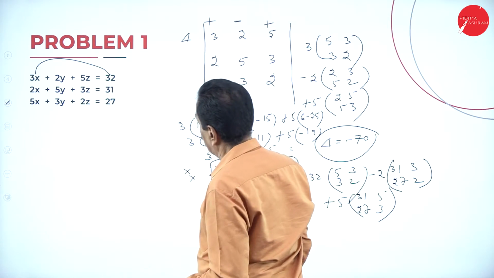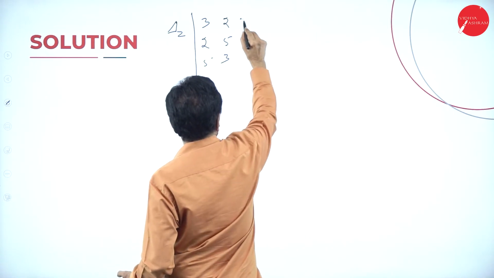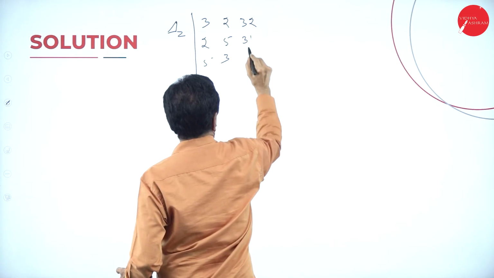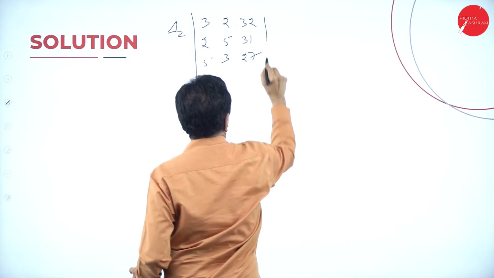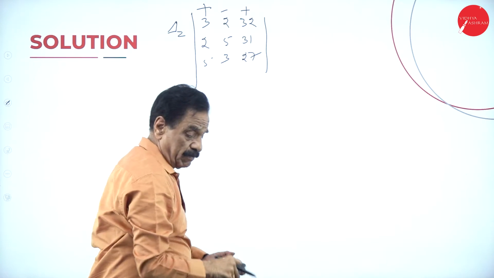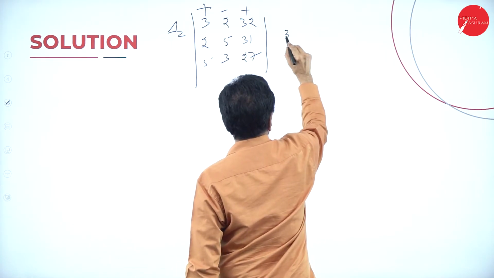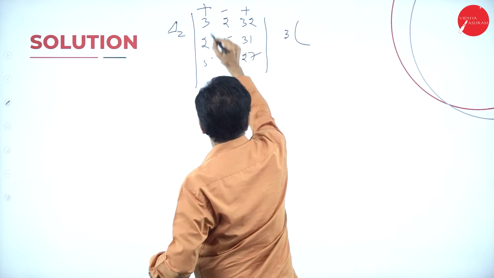Third one, change of place, 32, 31, 27. 32, 31, 27. Plus, minus, plus. We'll go slowly now. You take 3 as the positive. So this will go and this will go.